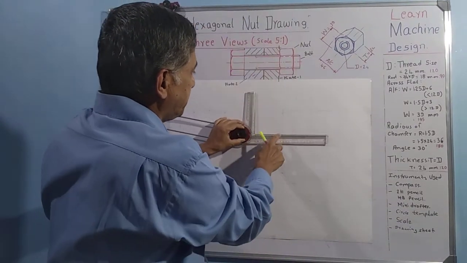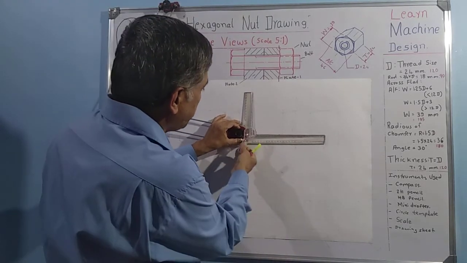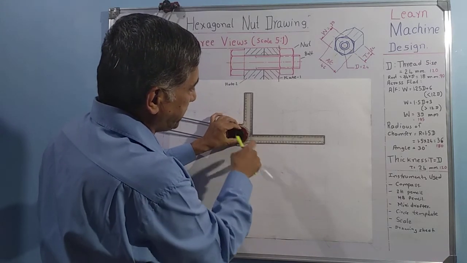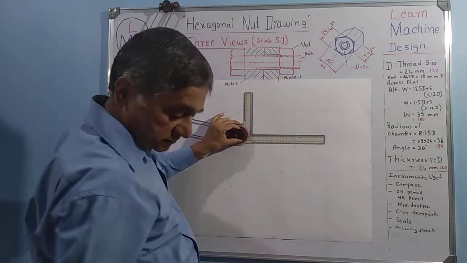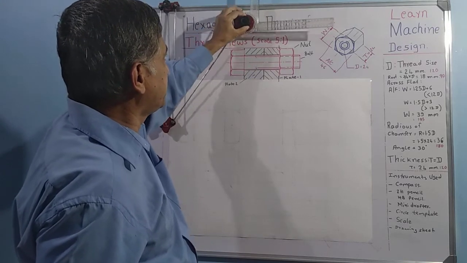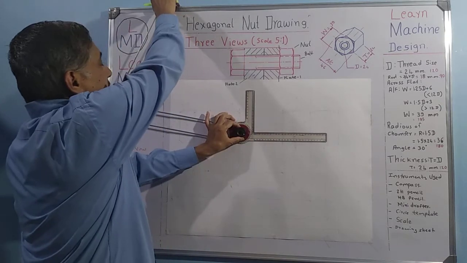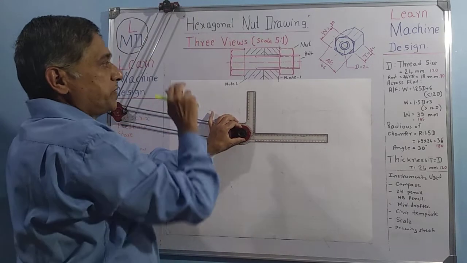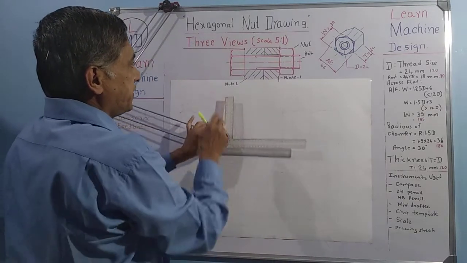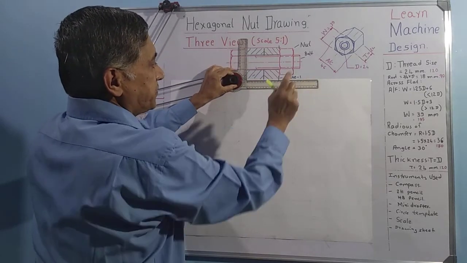Then this scale, the 0 on this line should be the same. In such a way you have to tighten it. Confirm that this mini drafter is fixed properly, tightened properly, and aligned. And the paper should be placed on the drawing board in such a way that this is parallel. That is how we have to fix it.